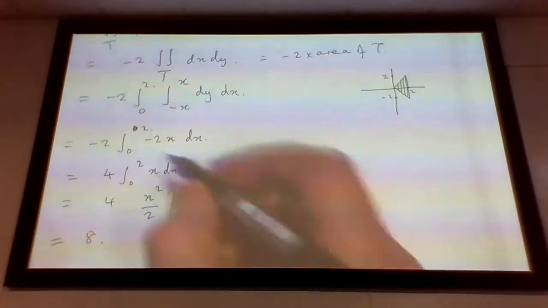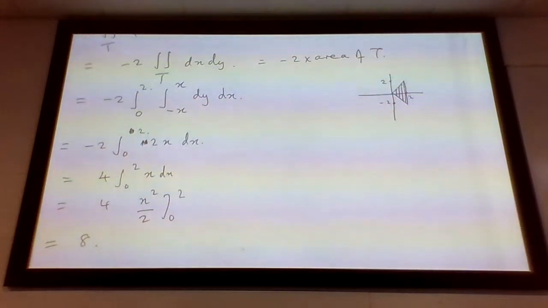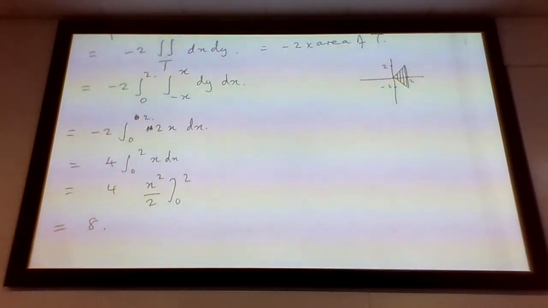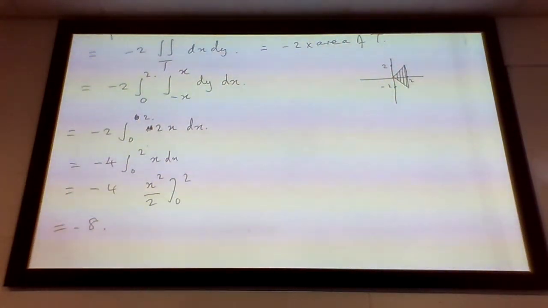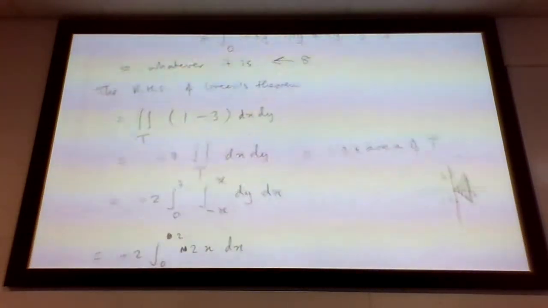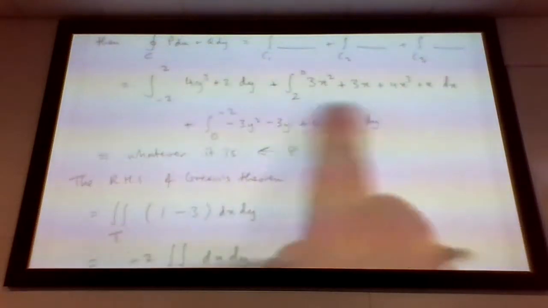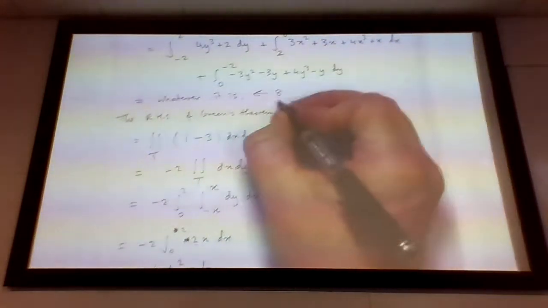The length of that interval is 2x. Sorry, not minus 2x, 2x. So rub out that minus sign. So you still have your minus sign there, and there, and there. So the answer to this, whatever it is, must be minus 8. Okay, but if you verify that, then you'll have succeeded in verifying, minus 8.